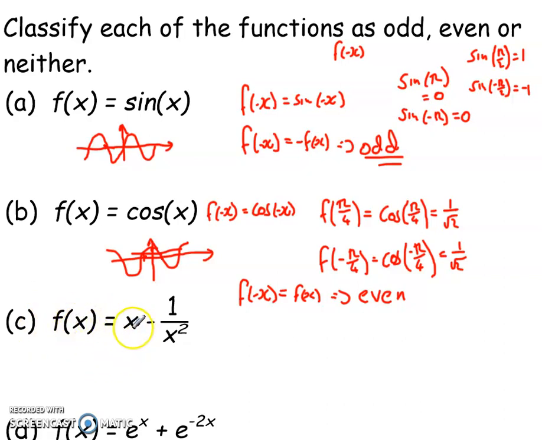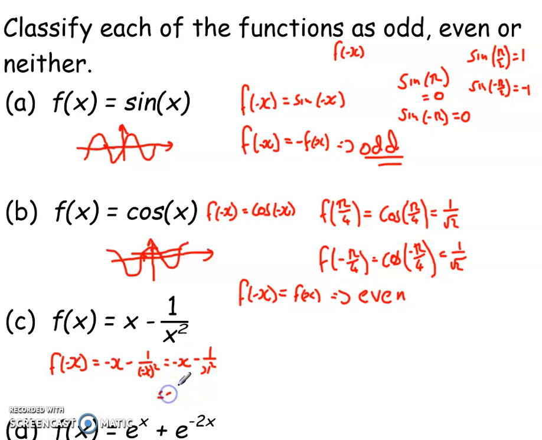Third one here, f of x equals x minus 1 over x squared. Again, start at our usual place, f of negative x. What I then get is negative x take away 1 over negative x squared. So that equals negative x take away 1 over x squared. Now I could look at that and think, well, if I take out negative 1 as a common factor, I may very well end up getting f of negative x equals negative f of x.